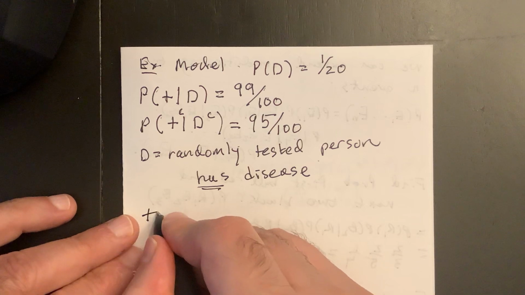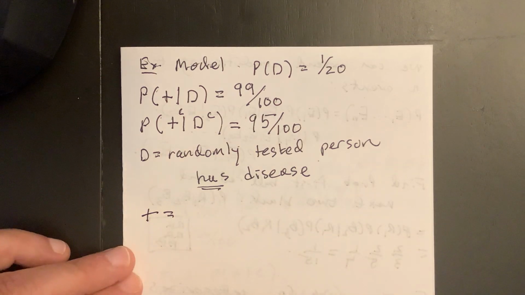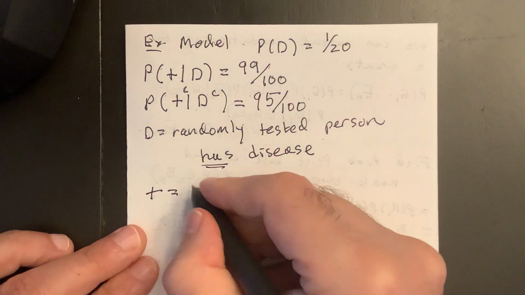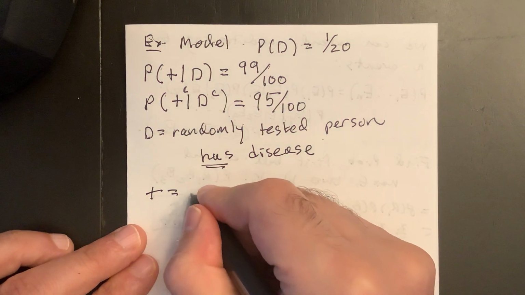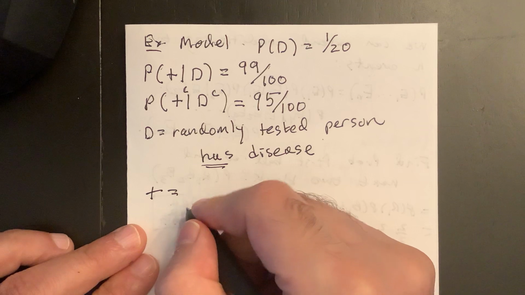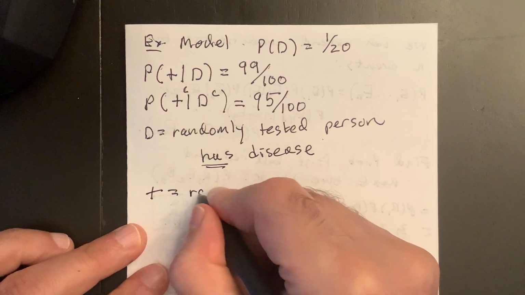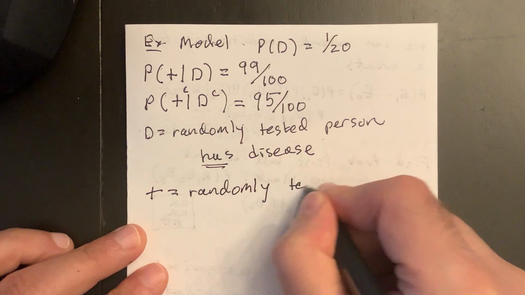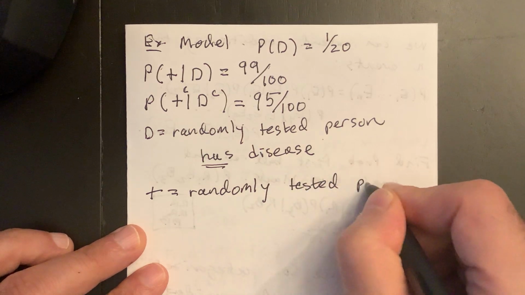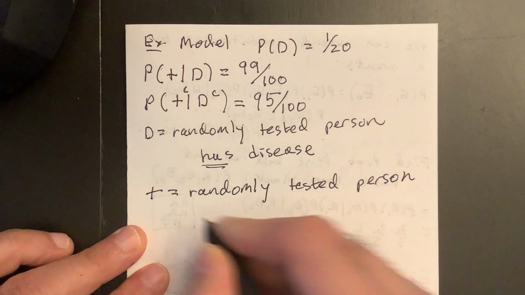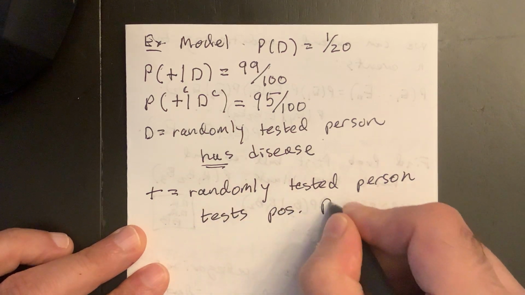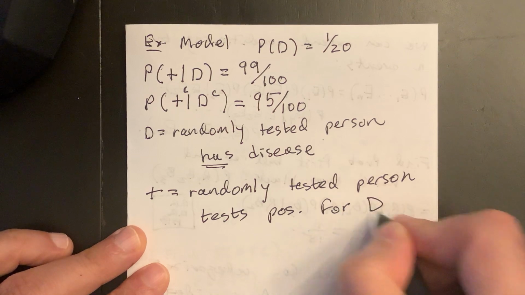We'll let plus equal the event that a randomly tested person tests positive for the disease.